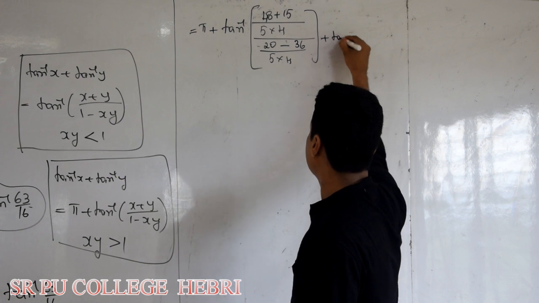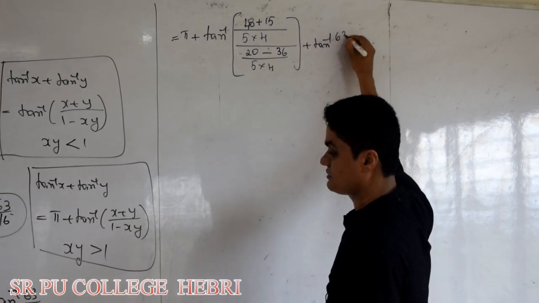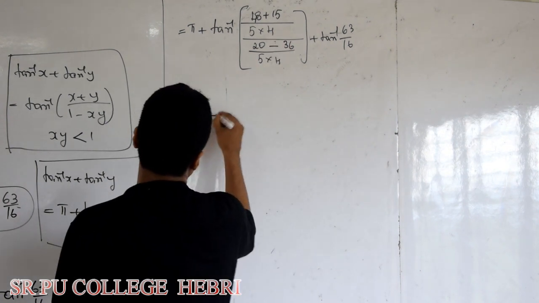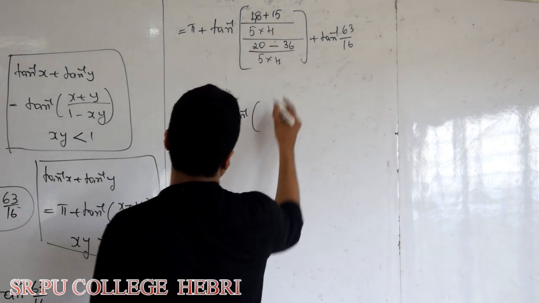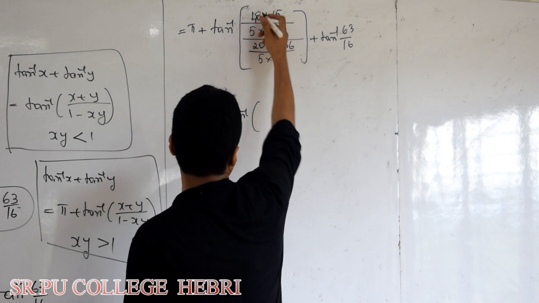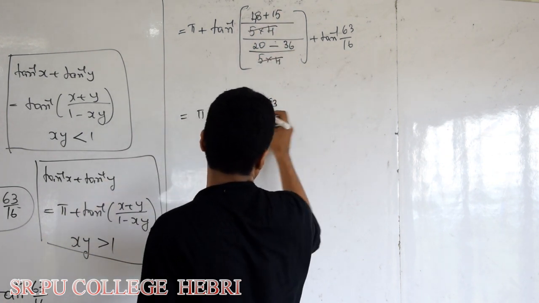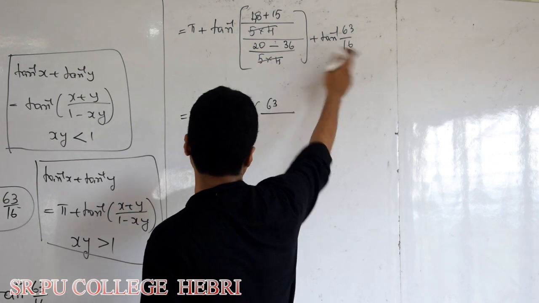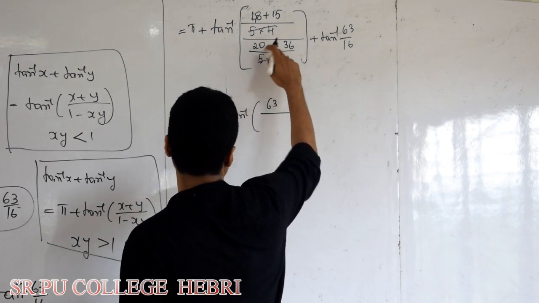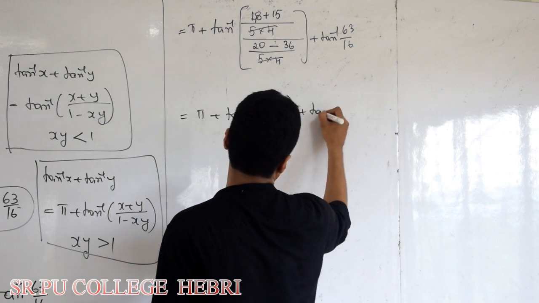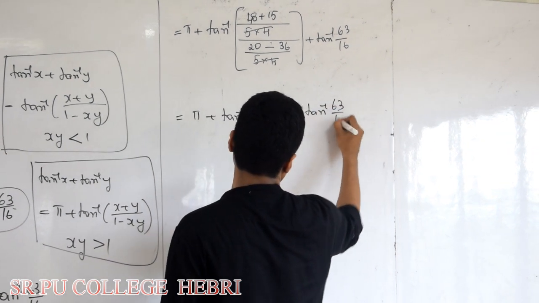Yes, so we had a plan to get minus tan inverse of 63 by 16 and we are near to that. See here. Pi plus tan inverse of, you know you should get 63, so don't waste more time in addition. It should be 63, this cancels, the denominator should be 16, but we already know it should be minus, and here we are getting the minus sign, so minus 63 by 16 plus tan inverse of 63 by 16.